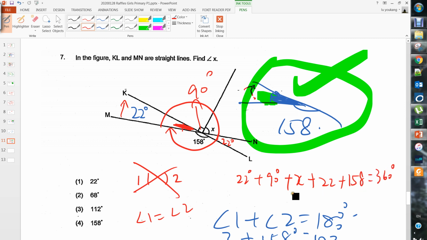How do I find x? 360 minus all of them, right? Do it. The answer is? 68. Very good. So the answer is 2. Okay? So we take a brief break.